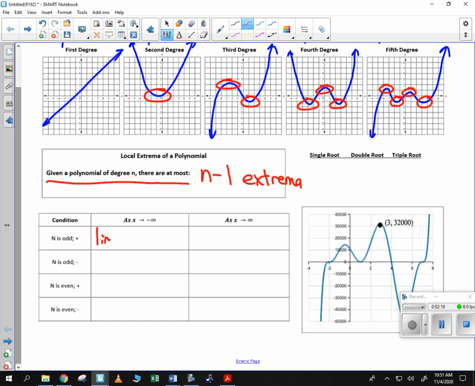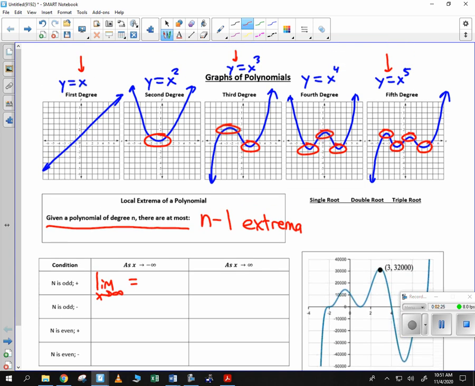The limit as x tends towards infinity, that kind of language says, as x goes this way, what happens to y? Well, in all these cases, the y value goes to infinity. So the limit as x goes to infinity is infinity.